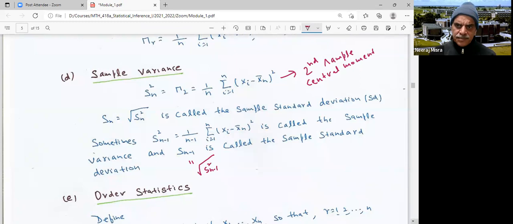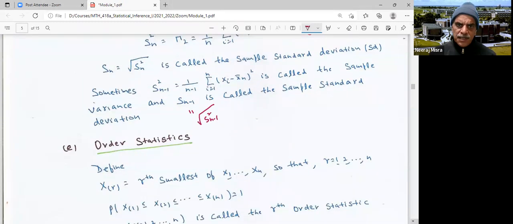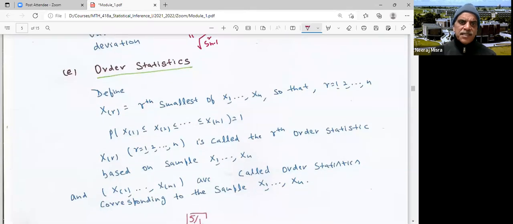Then you have order statistics. I define x_(r) as the rth smallest of x1, ..., xn. So x_(1) is the first smallest, that means the smallest one. x_(2) is the second smallest, which would be bigger than x_(1). So x_(1) is less than or equal to x_(2), and so on up to x_(n).